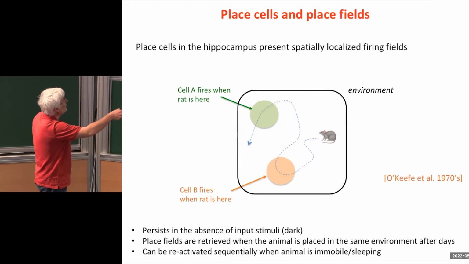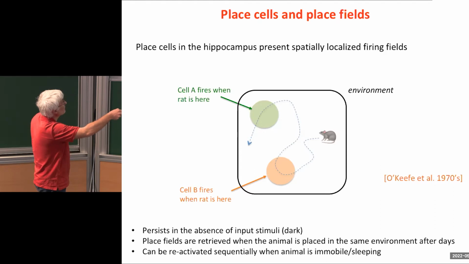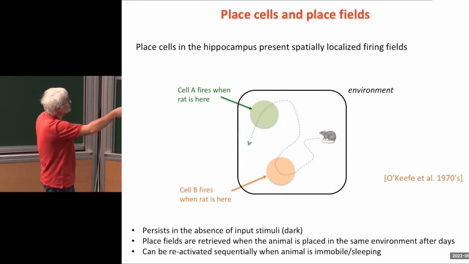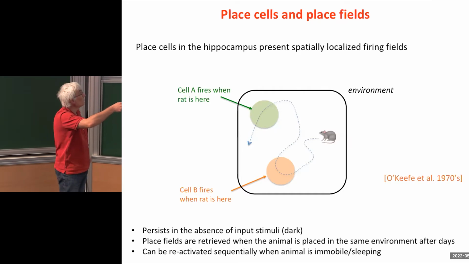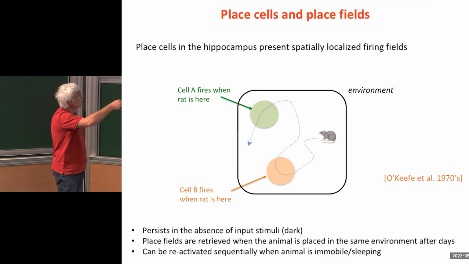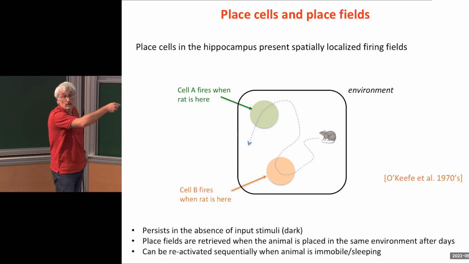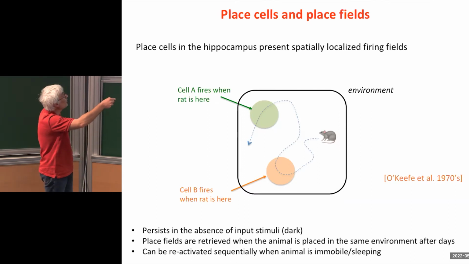If the rodent is in one spot in this environment, which corresponds to this circular shape, then if it crosses this disk, there is a cell, for instance, which will fire. This cell is called a place cell because its activity depends on the position of the animal. The locus of the position where the cell is active is called the place field. Another cell in the hippocampus will code for another spot here, and so on.